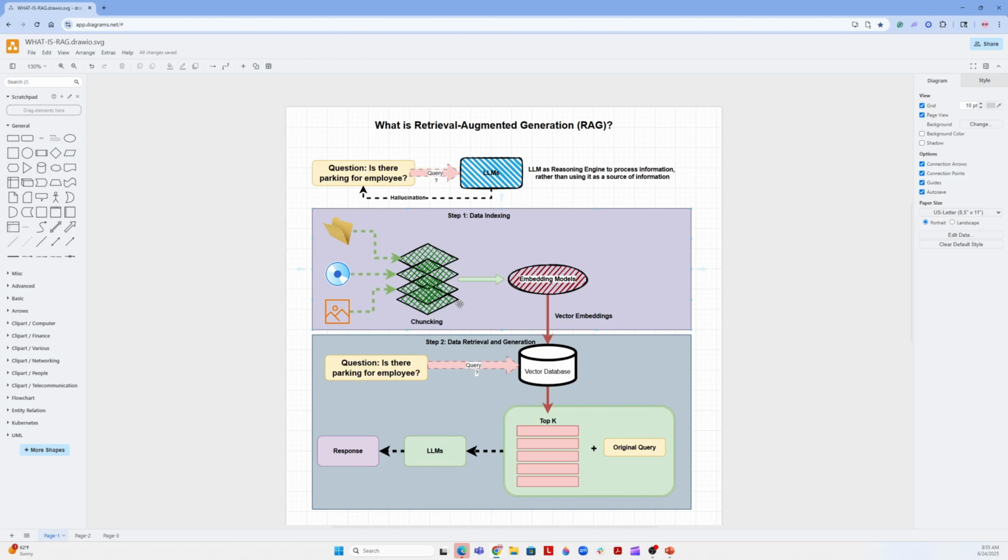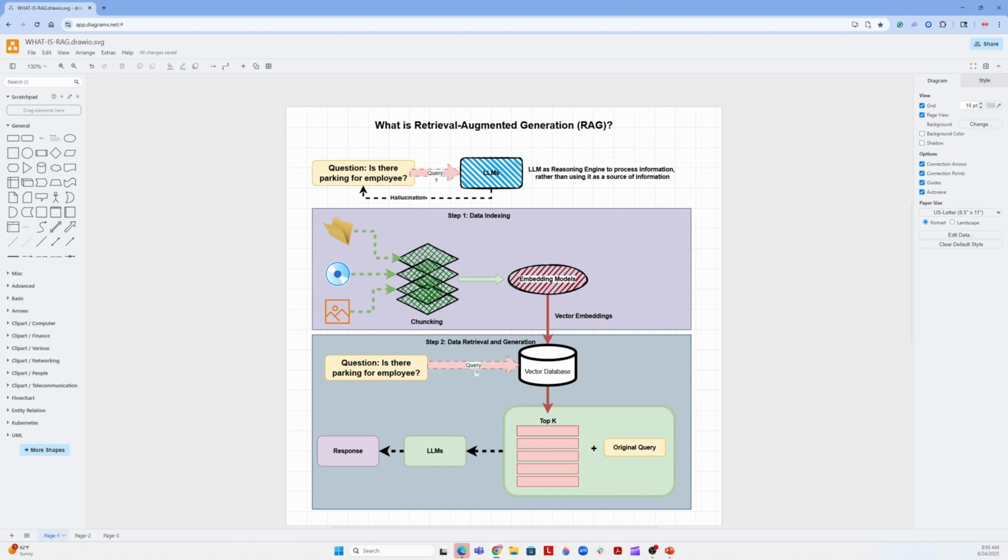Those vectors represent the positions of each piece of data in a multi-dimensional space. The closeness of vectors indicates their similarity. This makes it easier to identify the relevant content.